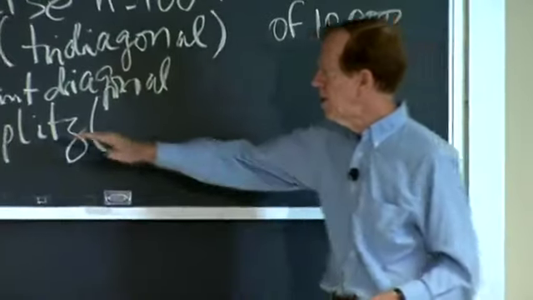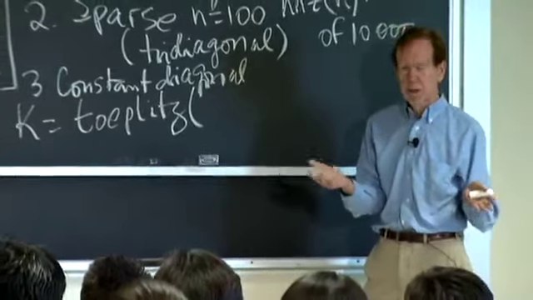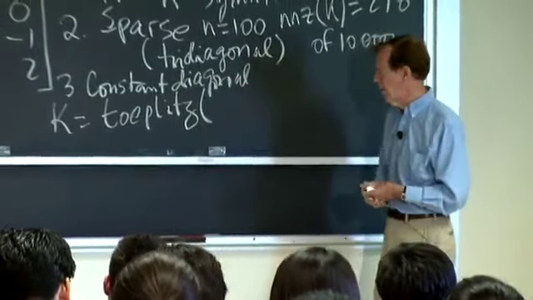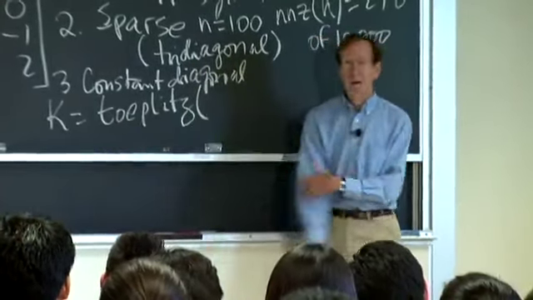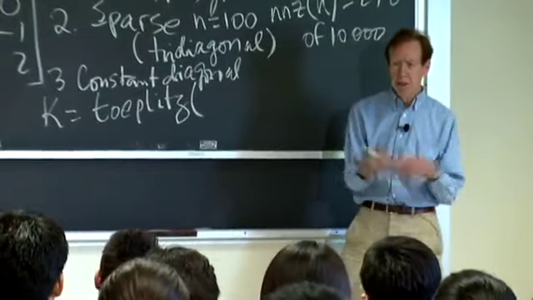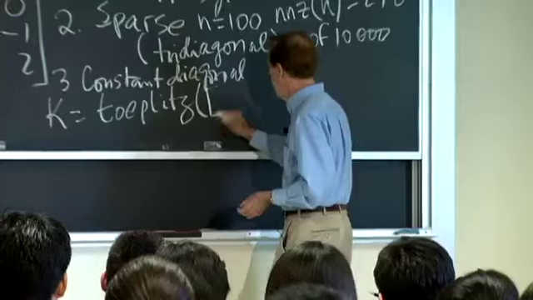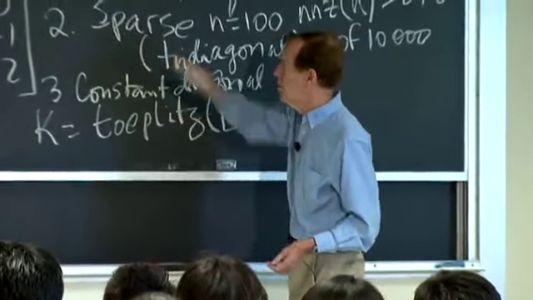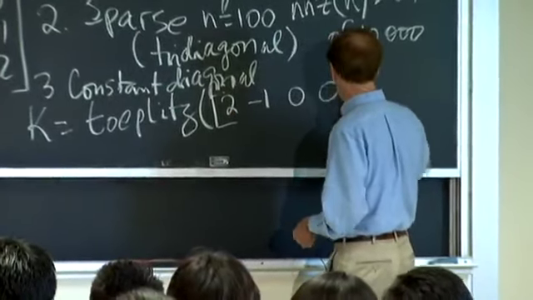Okay, so what is a Toeplitz matrix? A Toeplitz matrix is one with constant diagonals. You could use the words linear time invariant filter. And to create K, this is an 18.085 command. It's just set up for us. I can create K by telling the system the first row, 2, -1, 0, 0.